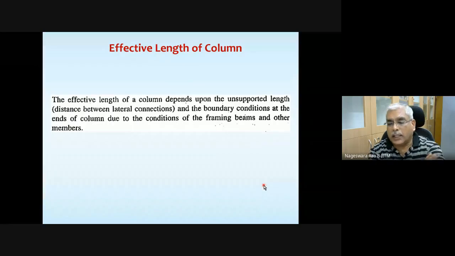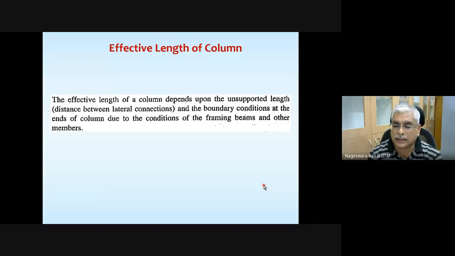So now let's see what the effective length of a column is and how it is defined. Effective length of a column depends upon the unsupported length, the distance between lateral connections, and the boundary conditions at the end of the column due to the conditions of framing beams and other members.